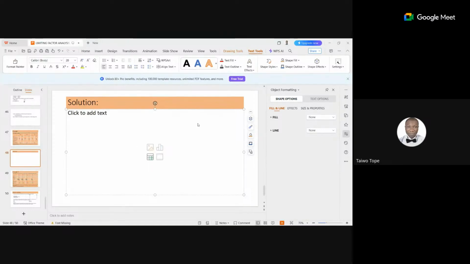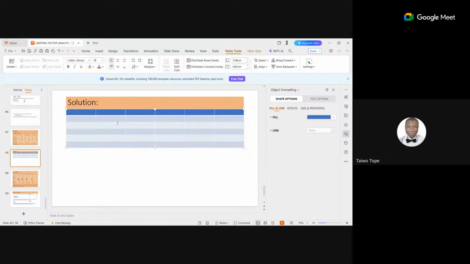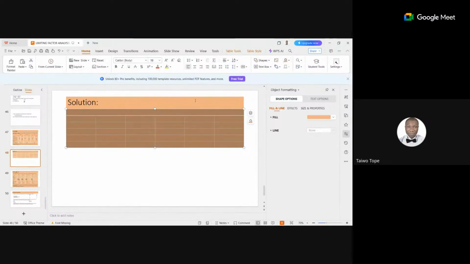So let's see that: confirmation of limiting factor. So step one.